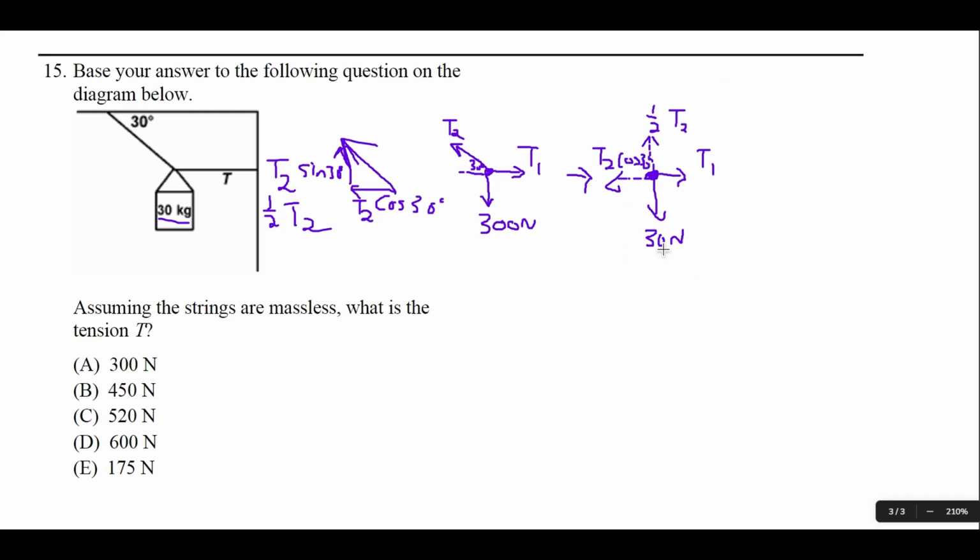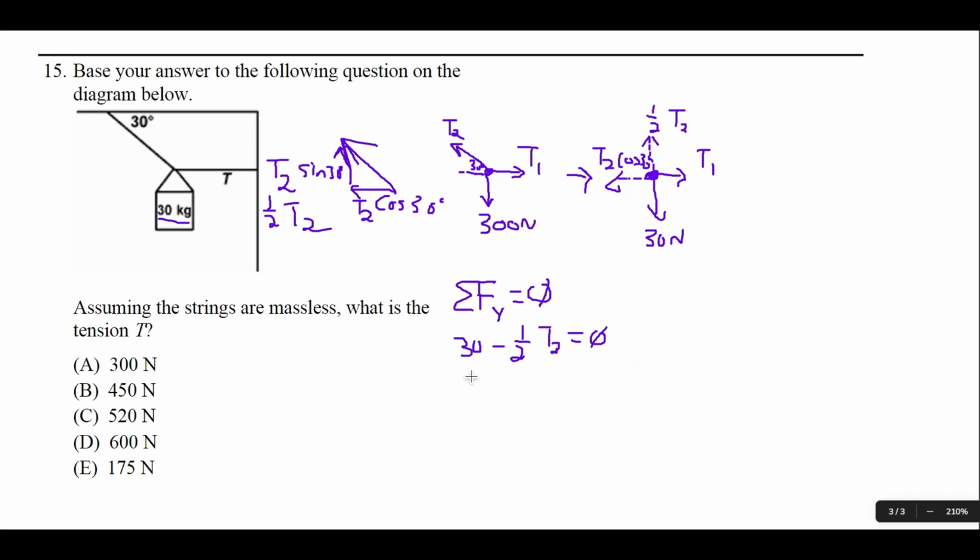All right. So what I can do is use my equilibrium forces equations. In the y direction, because it's in equilibrium, I know the forces in the y direction equal 0. So 30 newtons minus 1/2 T2 equals 0.